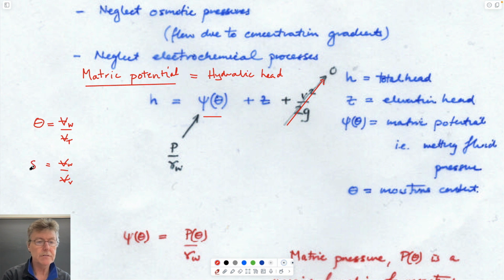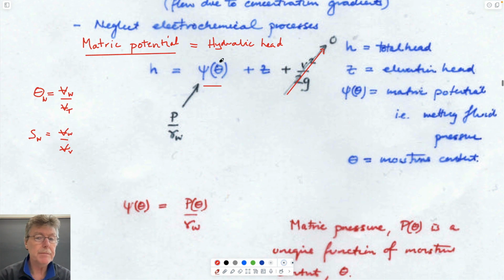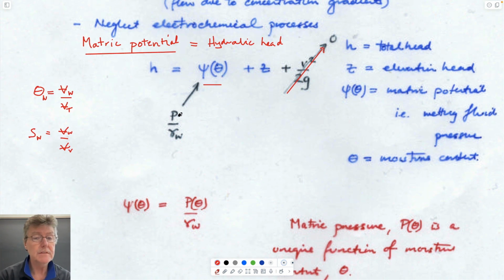So the saturations are related to each other, and so we can think about things in these terms. No big deal.